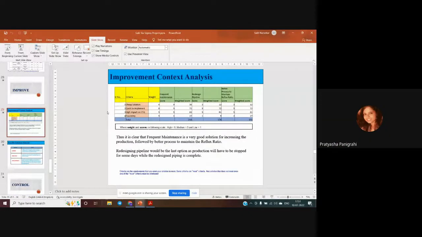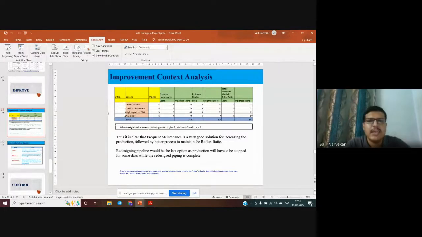Yes, sir. So here basically, as I told you earlier, we had considered entirely dummy data. For the criterion of cheap solution, we want a lower weight of 4, because after all, if your production is increasing, a cheap solution does not matter that much, right?